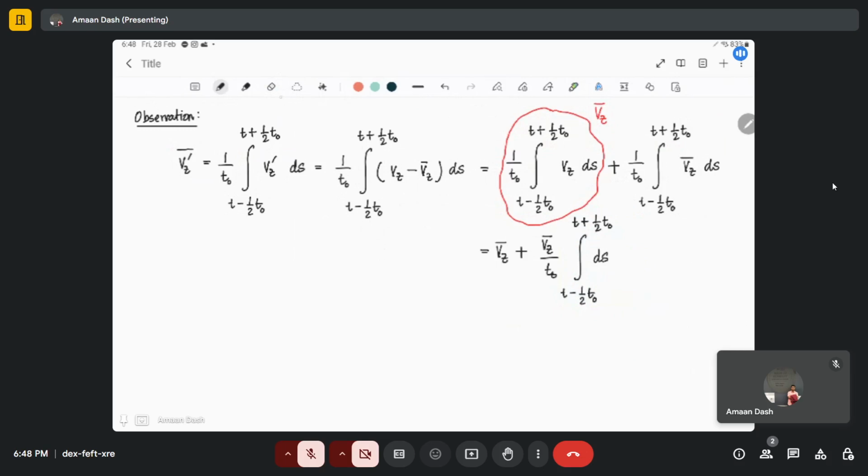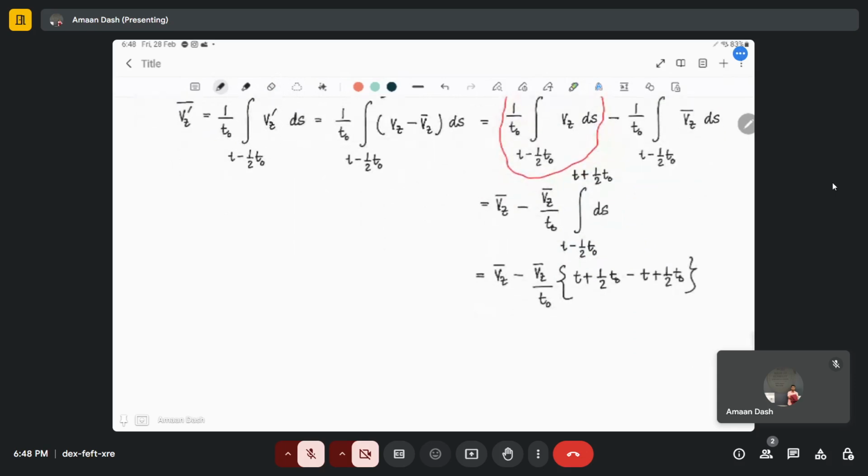Sorry, this will be a minus sign. So this is equal to Vz bar minus Vz bar by T0 times T plus 1 by 2 T0 minus T minus 1 by 2 T0. The T0 cancels out, so this comes out to be 0.